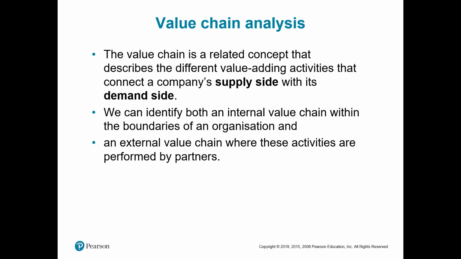Then we move them from the production unit to the marketing and distribution unit. We market the product, and after that, it moves to distribution, where the items are distributed to our customers.